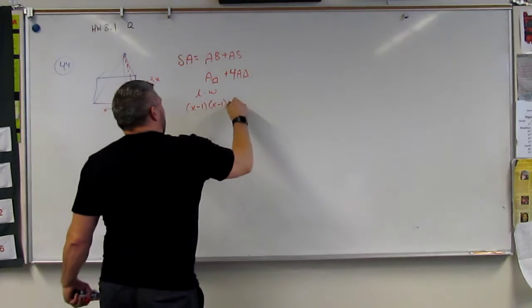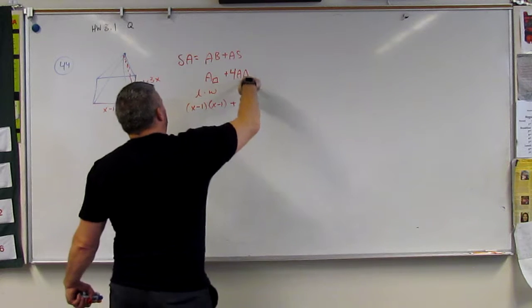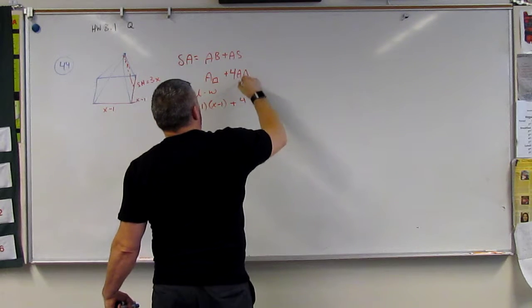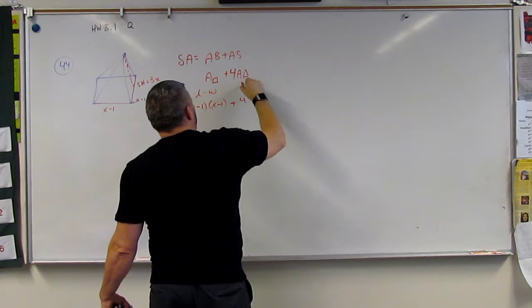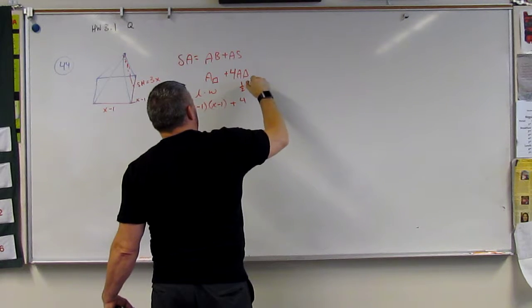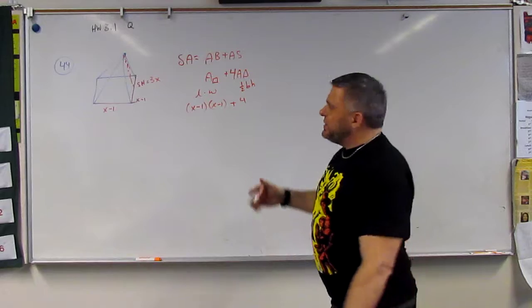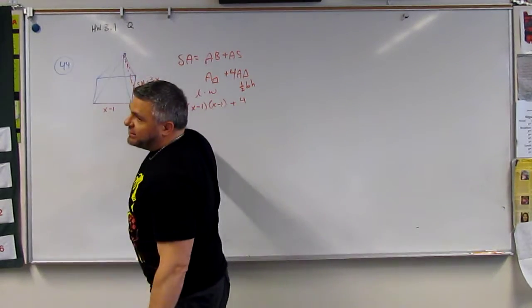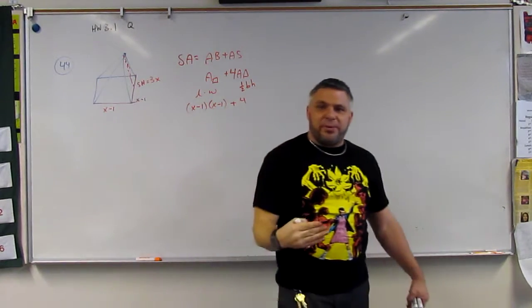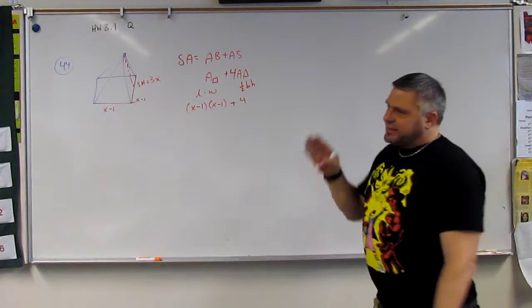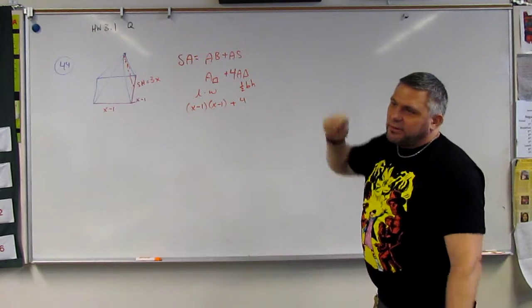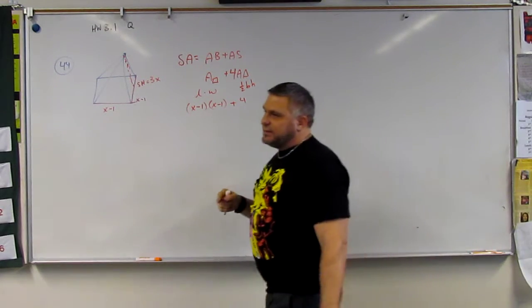And then we're going to be adding to that 4 times the area of a triangle. Now the area of a triangle is 1/2 base times height. Now in our case, the height is what's called the slant height of the pyramid. And the slant height is the height of the face of the triangle. Does that make sense?